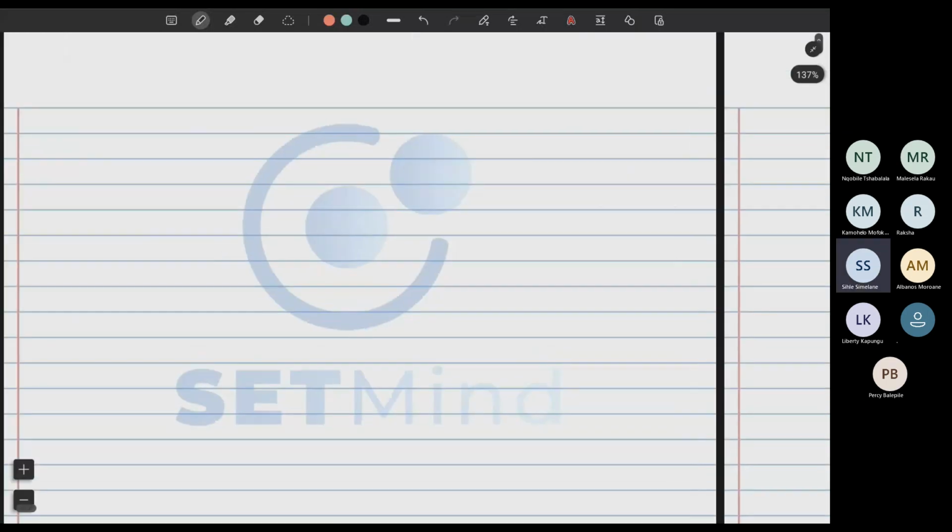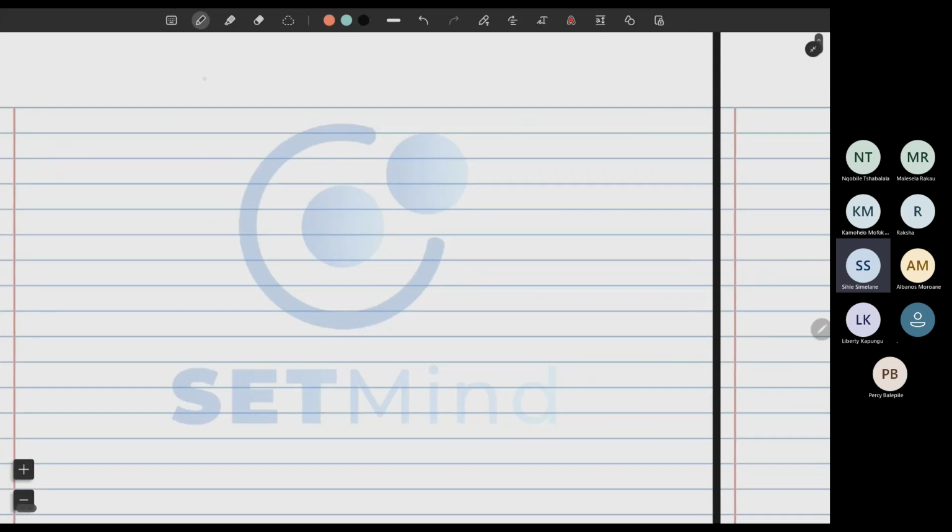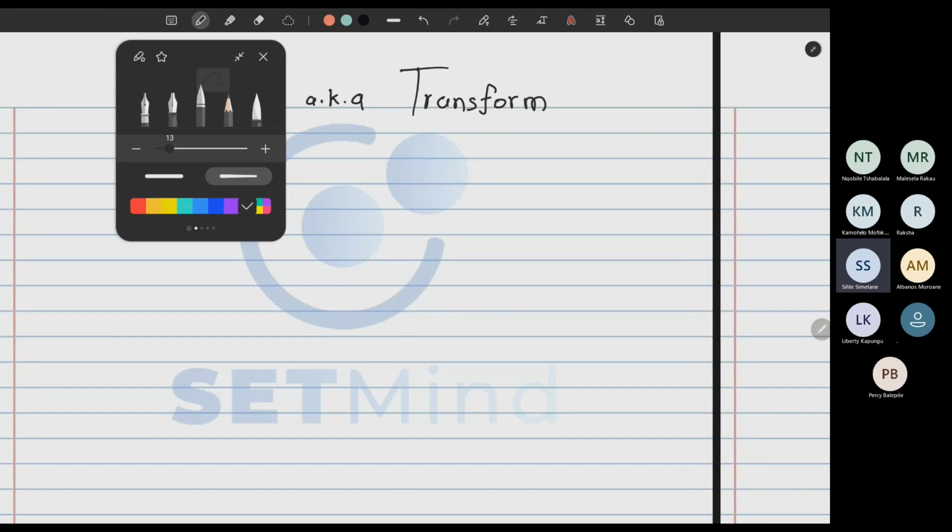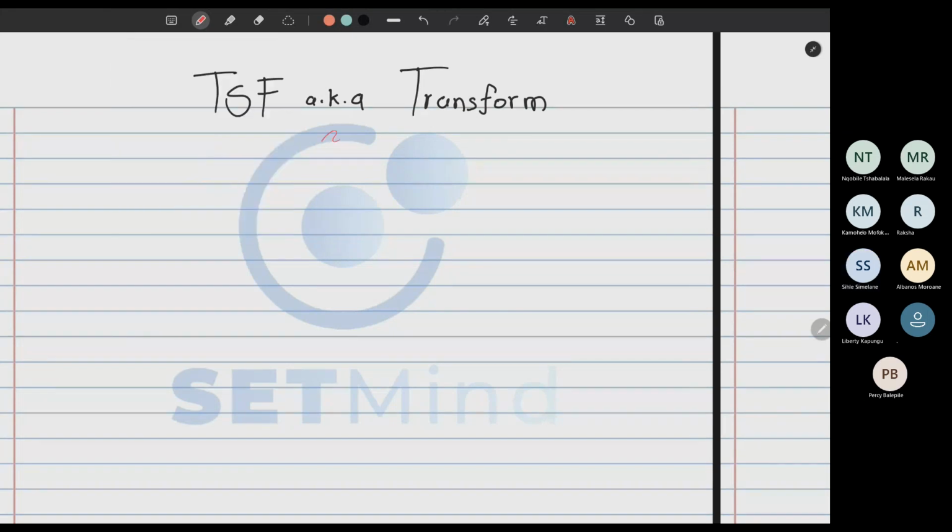So let's go straight to the business of the day. So we are looking at your TSF, AKA they call it transform. And the question is, why are we even doing it? And the answer is simple.